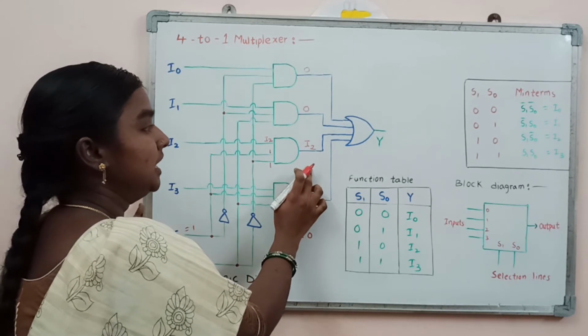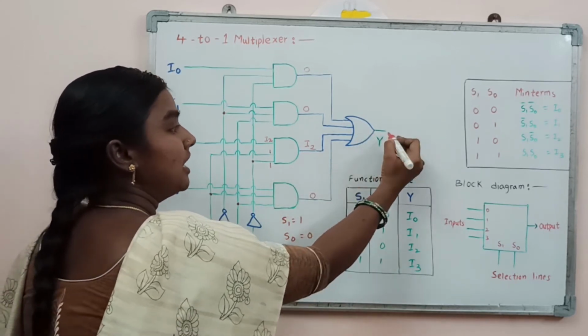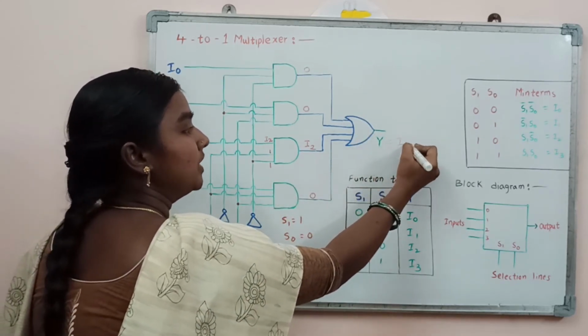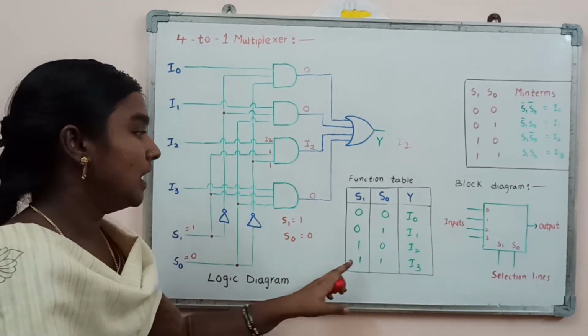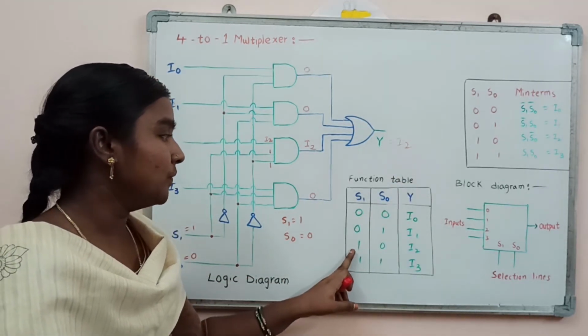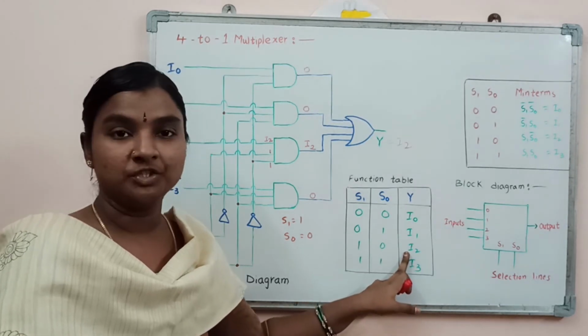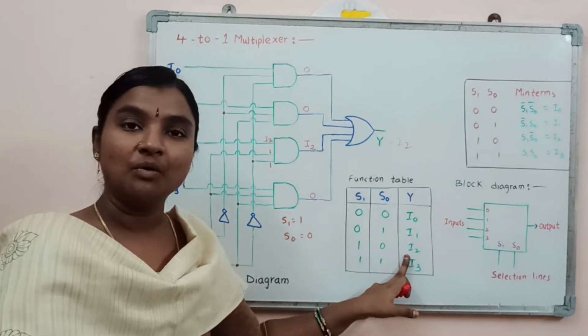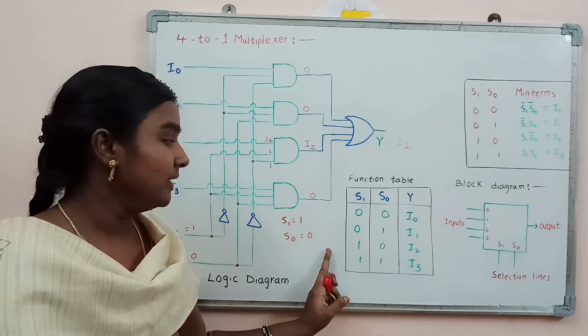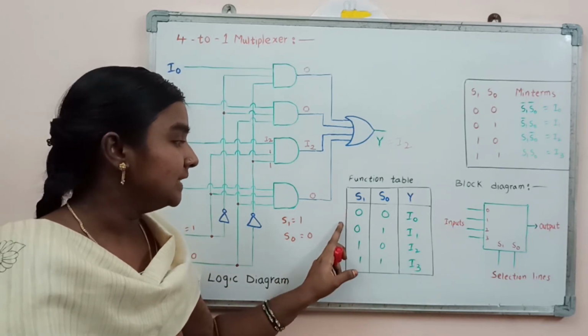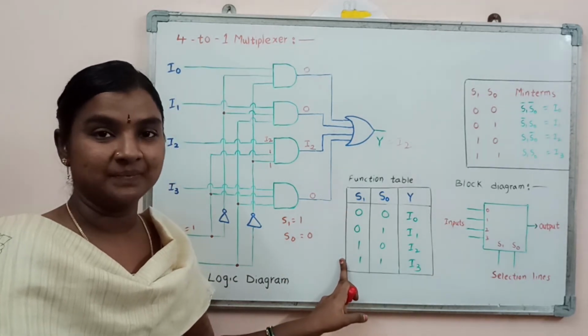Now with these inputs, the OR gate output Y is going to be I2. So when S1 equal to 1, S0 equal to 0, the output Y is I2. With this explanation, we may consider all the other 3 combinations.